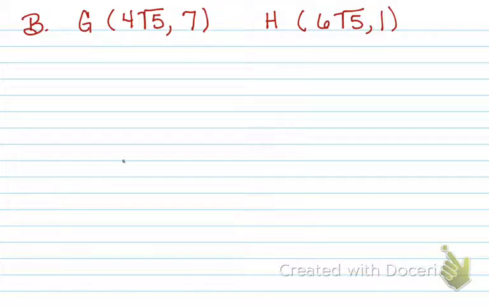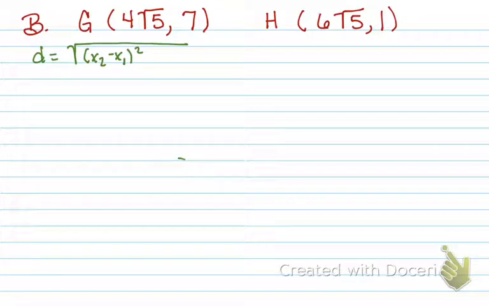So we're still going to start out with our distance formula, square root of, and we're putting in the differences of the x's, so x2 minus x1, squared, plus y2 minus y1, squared.